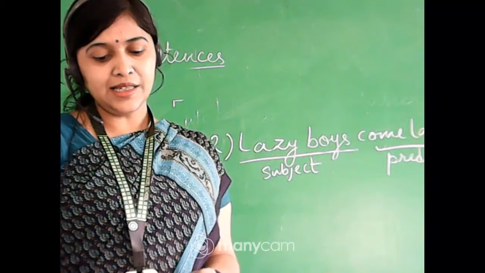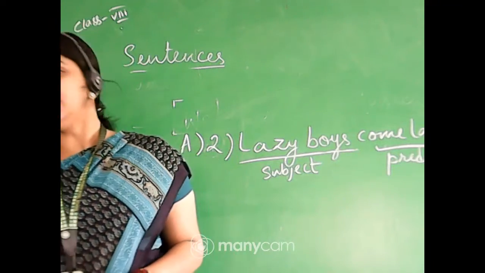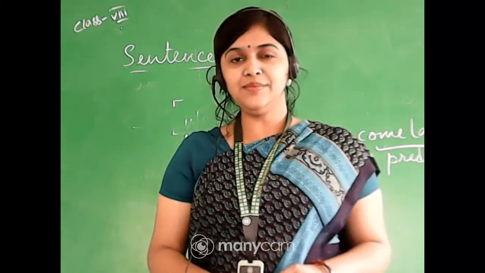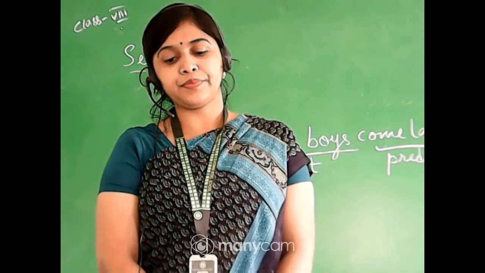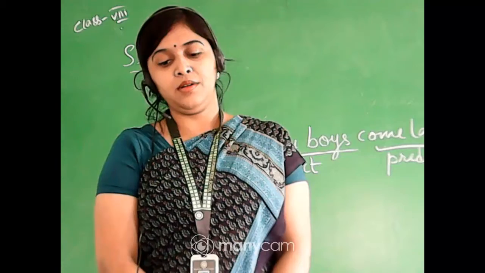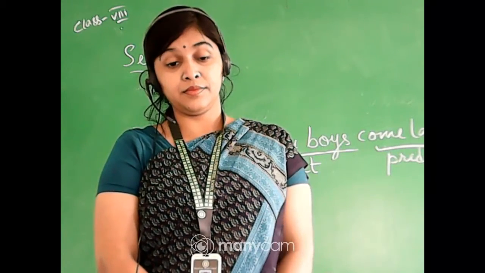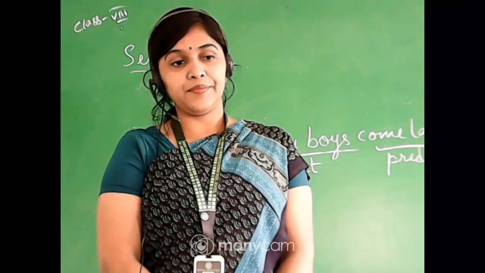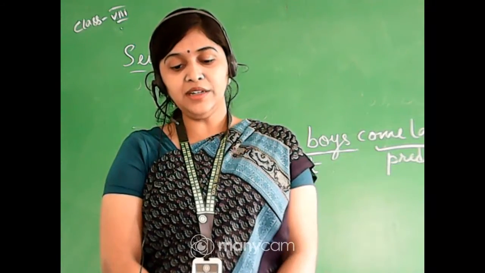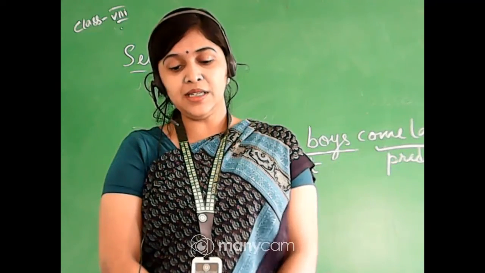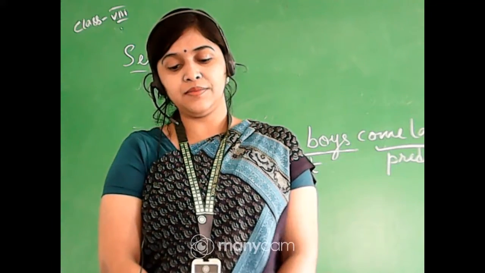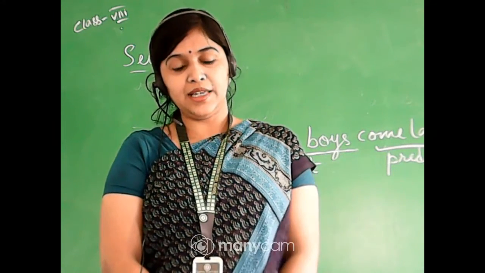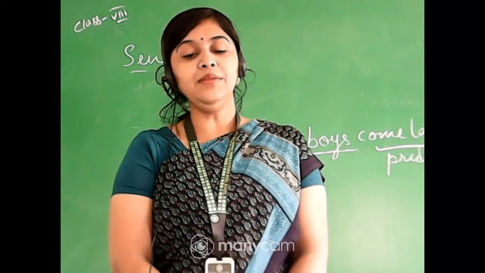Okay. 6, 7 and 8, you tell me what you have done. It's very easy. So tell me. Number 6. I, subject, have met Raman's father, predicate. Okay, then 7 and 8. Yes, correct.